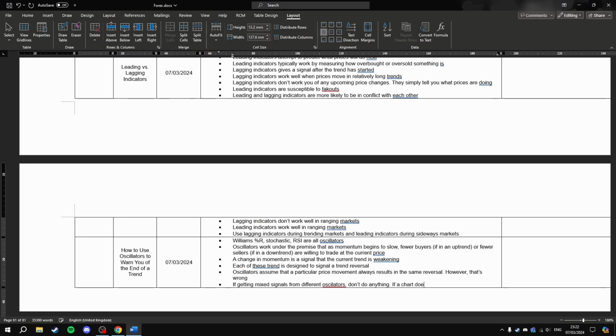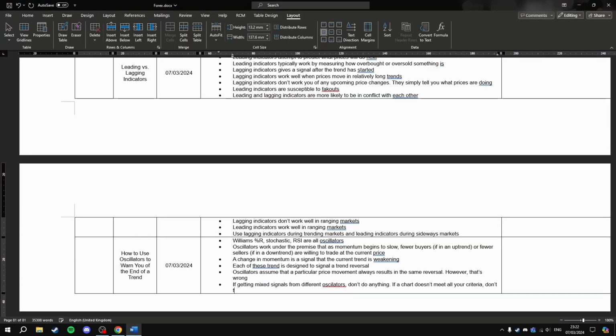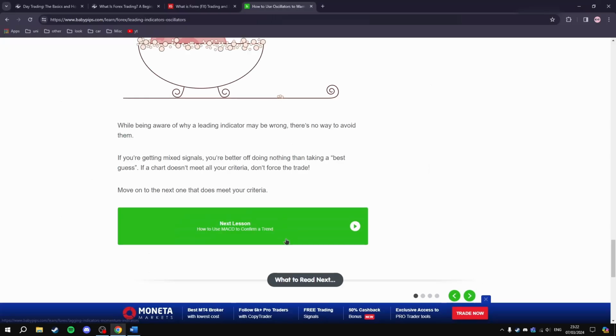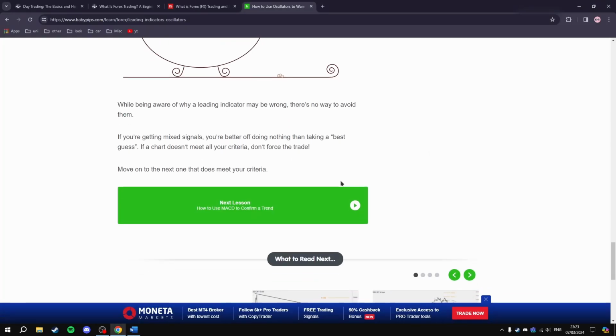If a chart doesn't meet all your criteria, don't force the trade. Move on to the next one that does meet your criteria.